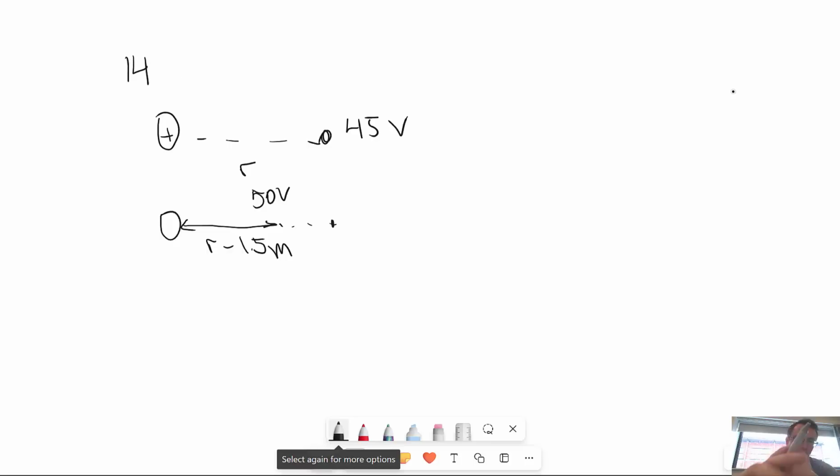There are multiple different ways. I prefer just doing it numerically, in other words, writing out some equations. The potential is equal to the constant multiplied by the charge divided by R. So when this is R, V is 45.